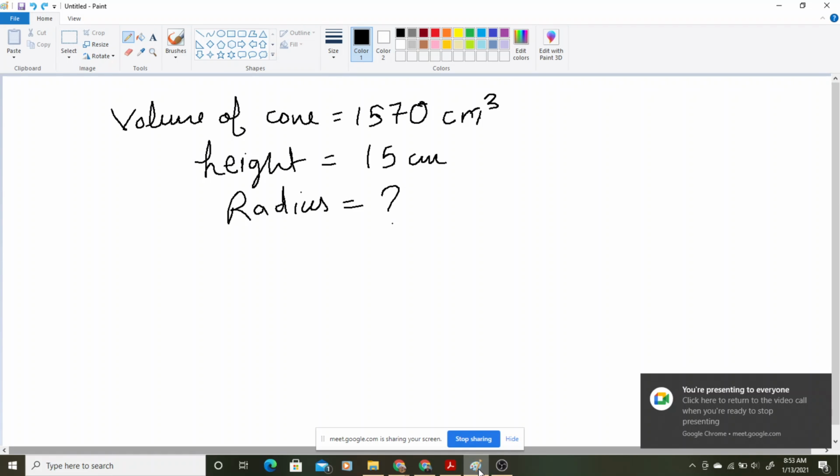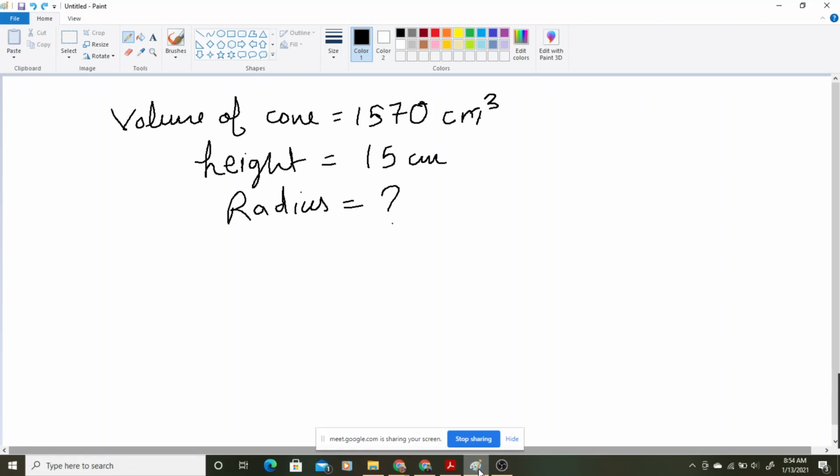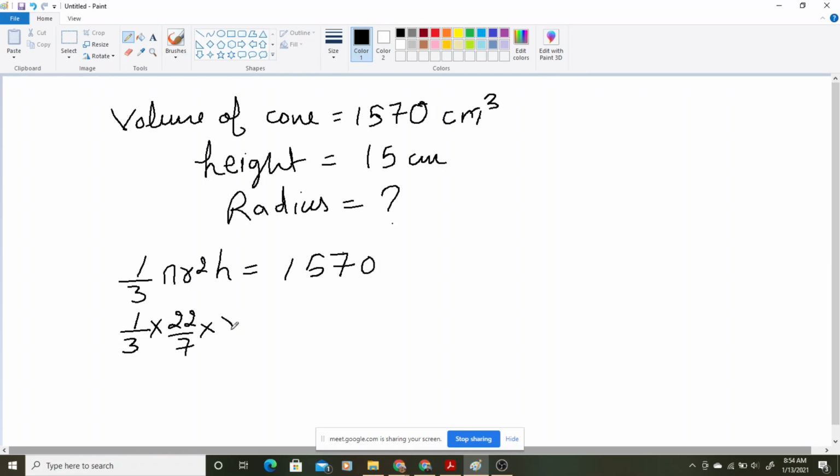Okay, we are given the volume, so we can simply write 1/3 πr²h equals 1570. We put in the values: 1/3, π as 22/7, then r², multiplied by h. h is 15, and it equals 1570.